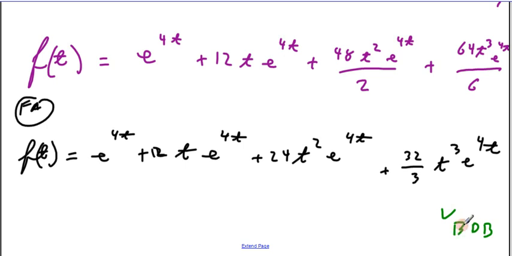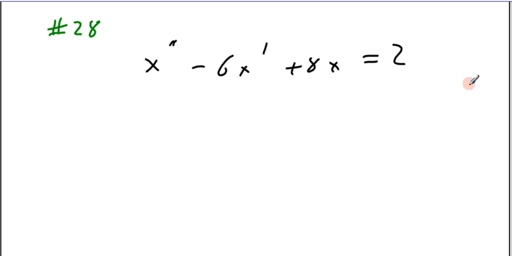Okay, so now we're going to do number 28. I have x double prime plus 6x prime plus 8x is equal to 2, and I have x of 0 equal to x prime at 0, which are going to be 0, which is just lovely.